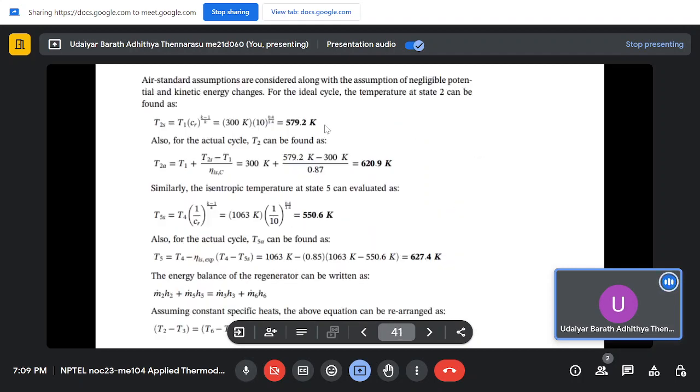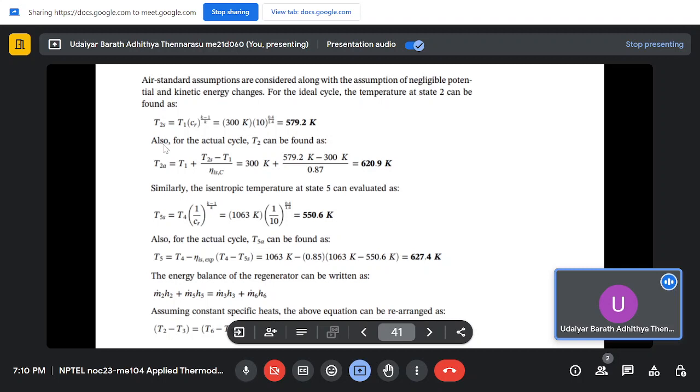Now we will see how to solve this problem. Previously I showed using the table values for air. Now I have taken a problem where I assume the specific heats are constant and air is an ideal gas.